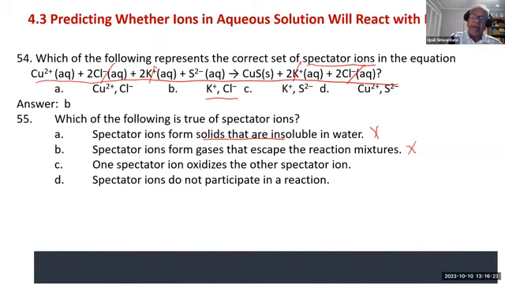One spectator ion oxidized another. That's not true. There's no electron transfer. Spectator ions do not participate in the reaction. That is the correct answer. In the complete ionic equation, you remove spectator ions to get the net ionic equation. D is the correct answer.